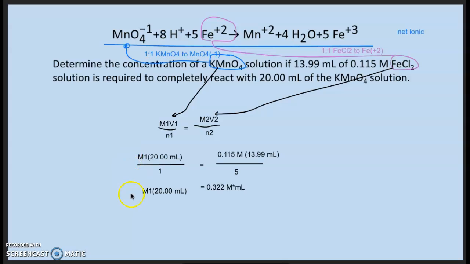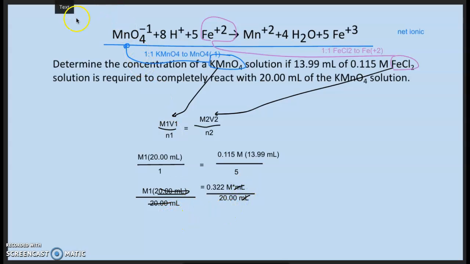If I divide each side by that 20.00 milliliters, then my 20 milliliters cancel on the left side, just my milliliters cancel on the right side.